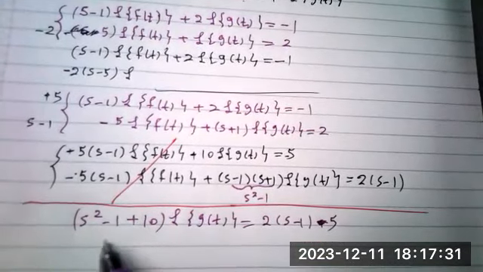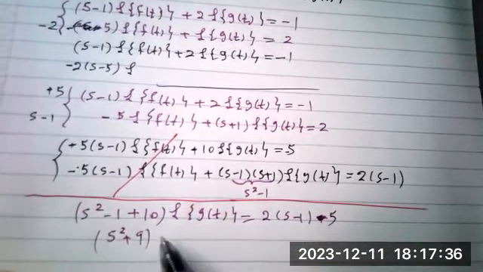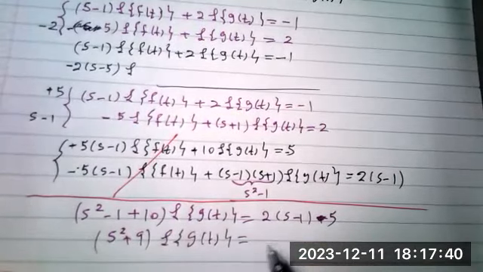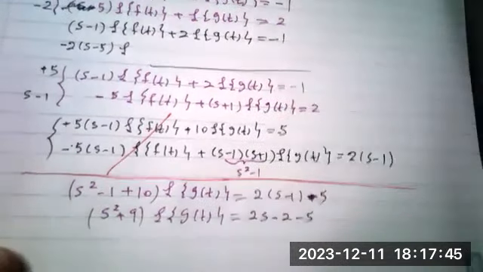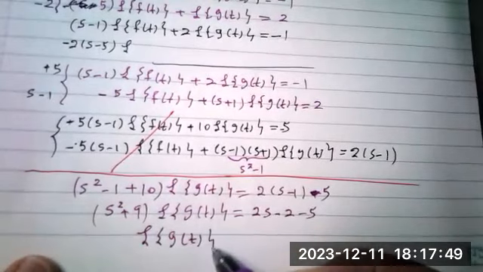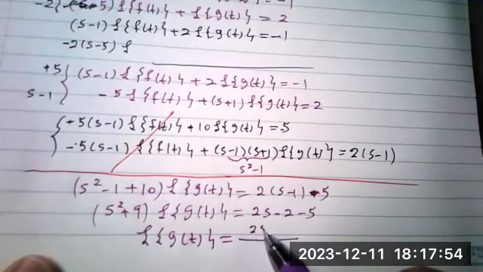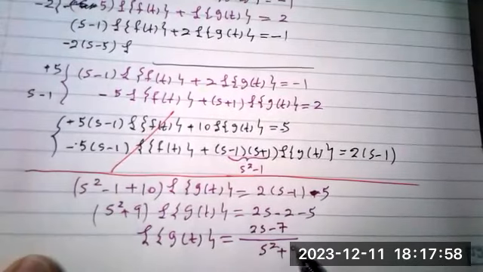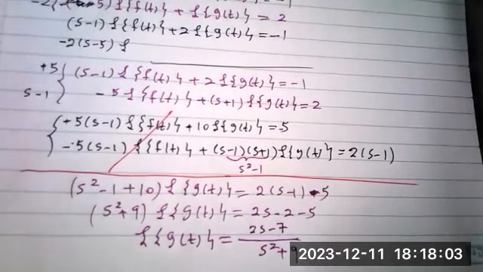So that should give you a nice number, s squared plus 9 Laplace of g of t. And on the other side, we can multiply it. So that gives you the result. So Laplace of g of t would be something that we can find. On the top is going to be 2s minus 7. On the bottom, we get s squared plus 9, which is not bad to find the Laplace inverse.